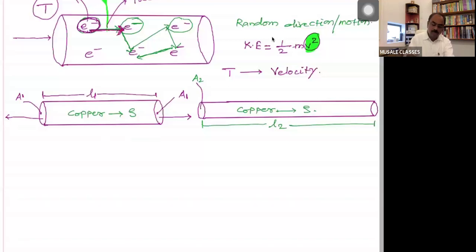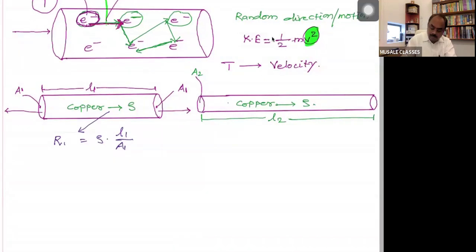So if the resistance of this material is R1, then it will be rho into L1 upon A1. And if the resistance of this is R2, then rho will remain the same. Material is not changed. Length is changing.